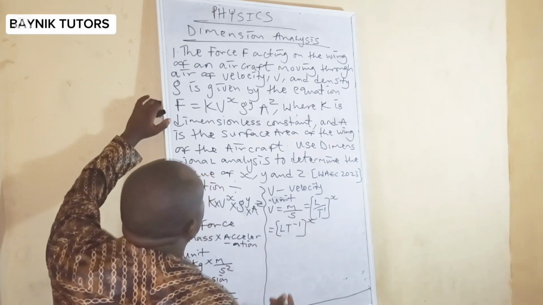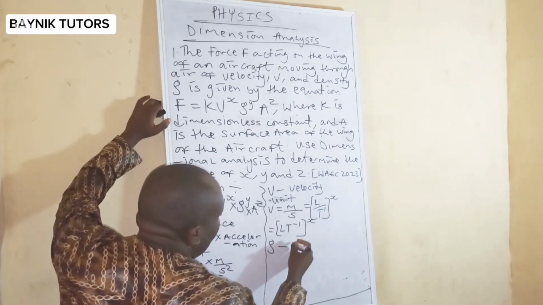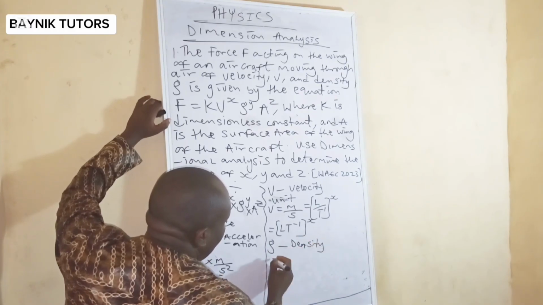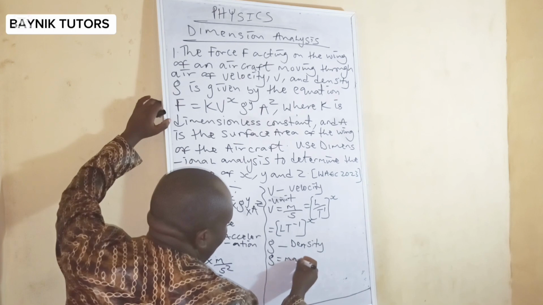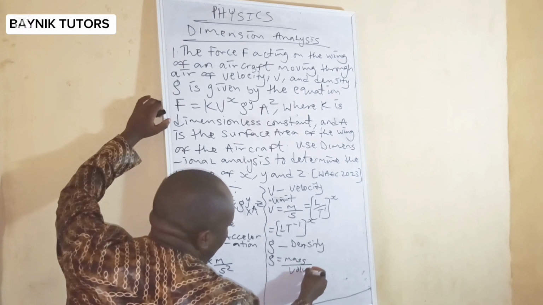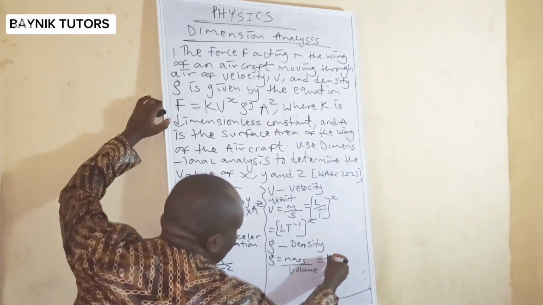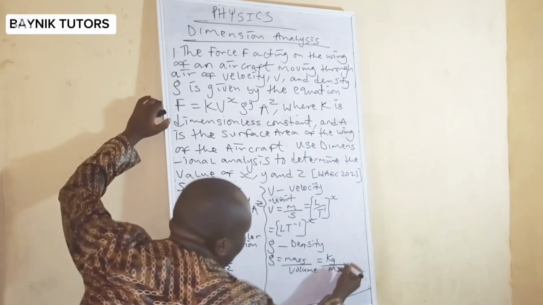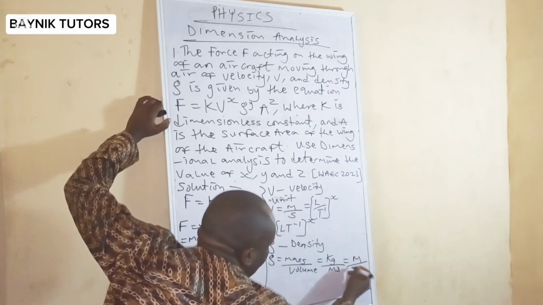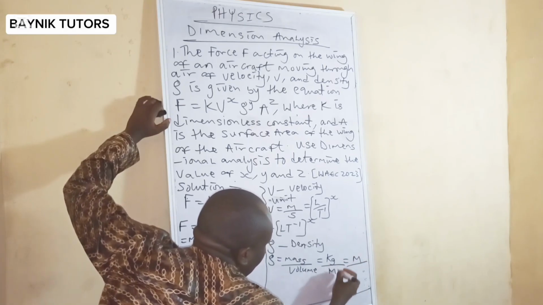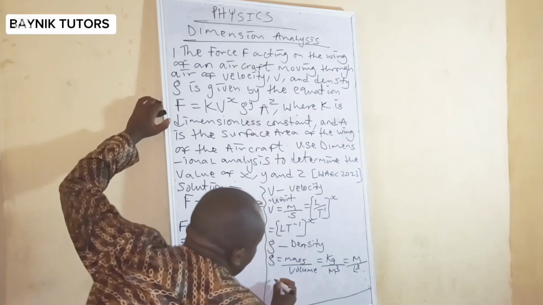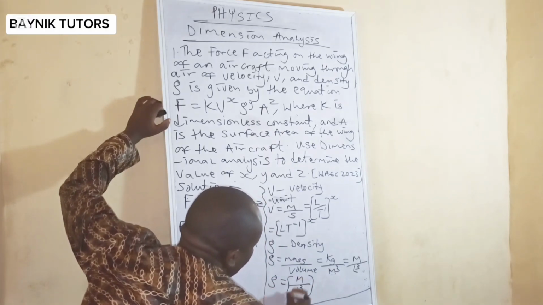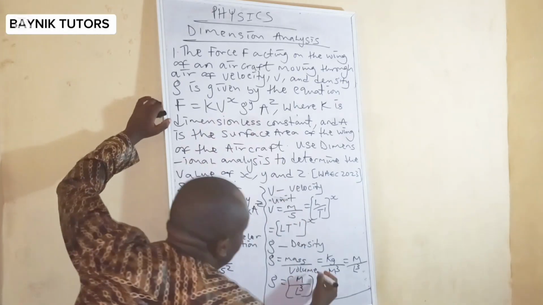Then my density, the symbol for density. If density is mass over volume, the unit of mass is kg, volume is meter cube. So under dimension I have M, meter cube is L raised to power 3. So that means my density is M over L raised to power 3. Then I put raised to power y.